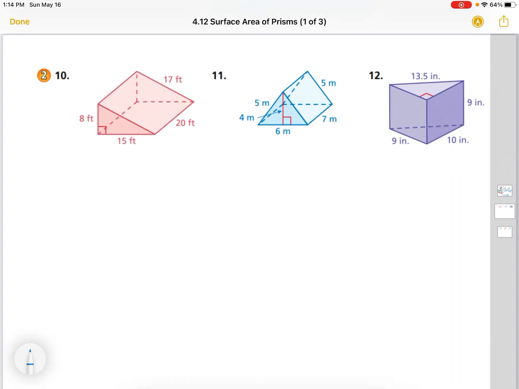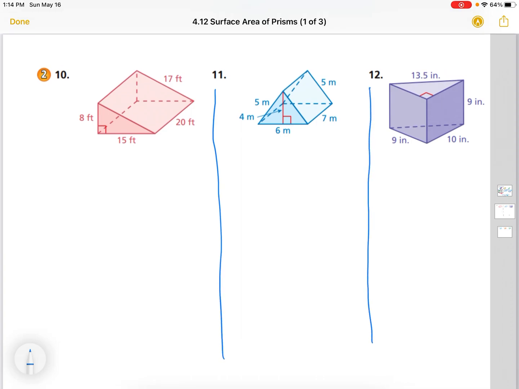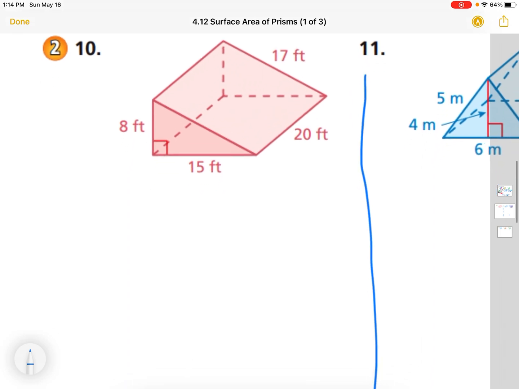Aha! We have to really account for our sides, and depending on the nature of the triangle, it's going to affect our formula. So I'm just going to break this space up so that I have enough room to do all these. So let's look at our first one.